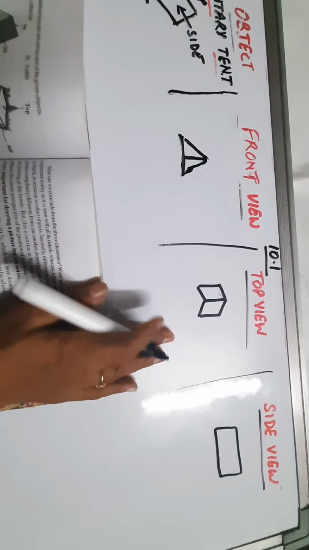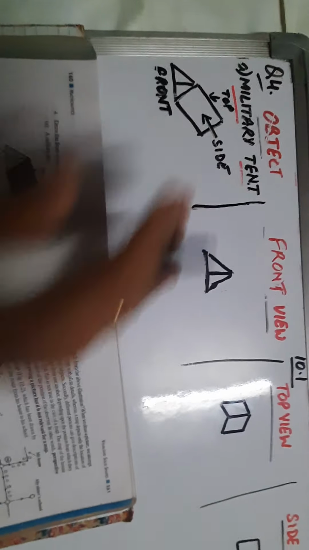At this side its rectangular part is there. So we will take it more tilted, it will look like this. So we will make the top view as a line and two rectangular faces, but tilted in this way, like a book. Okay, so this is the top view, side view and front view of this tent.